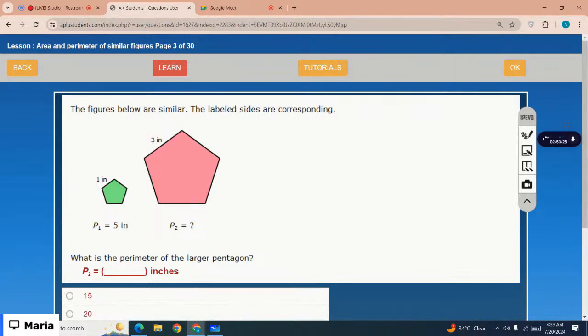The figures below are similar. What is the perimeter of the larger pentagon, right?